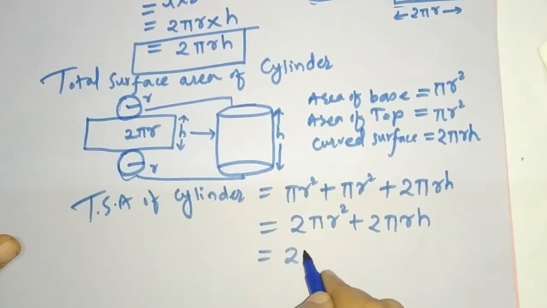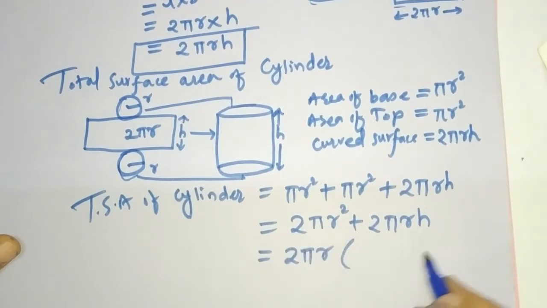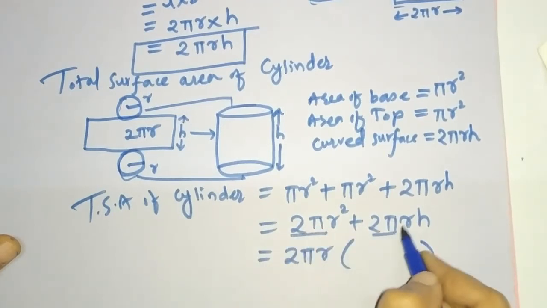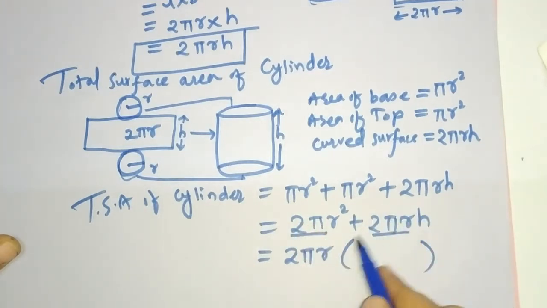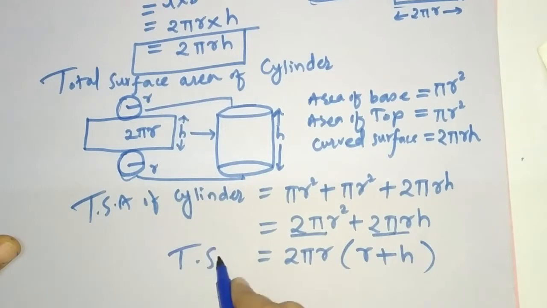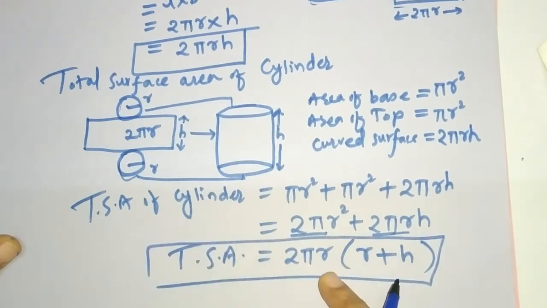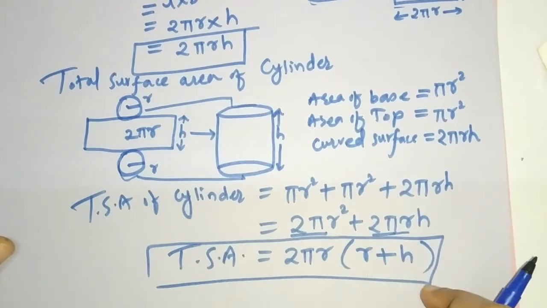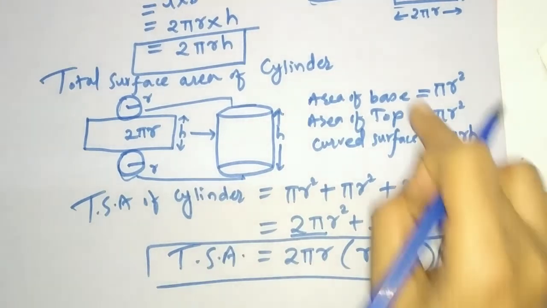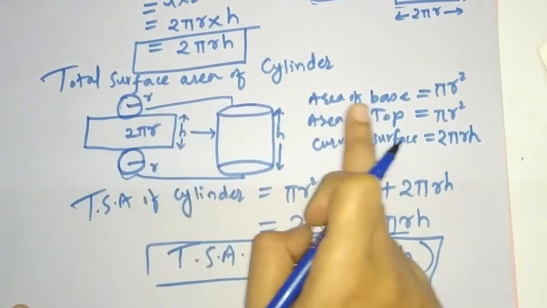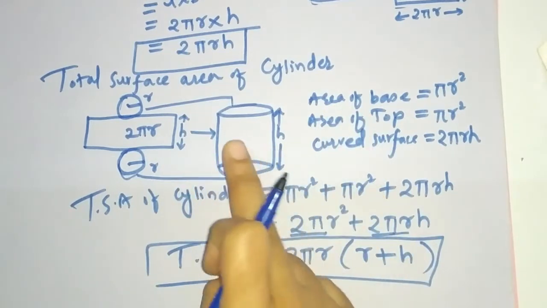If you simplify again, you can take 2 pi r common, leaving r plus h. So the total surface area of a cylinder is 2 pi r in brackets r plus h. We have obtained it from the area of the base, the area of the top, and the curved surface area.